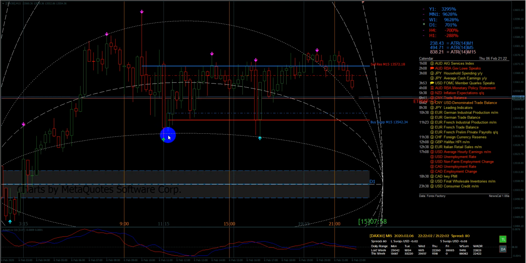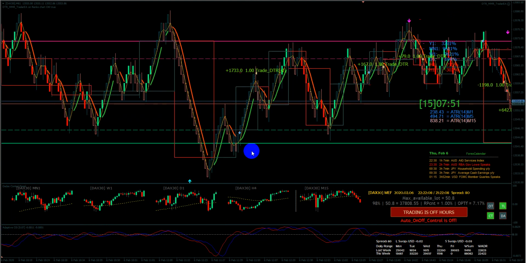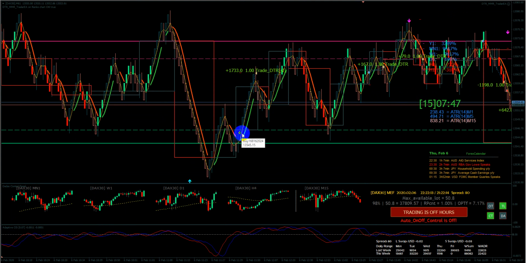So I took this measurement, took this candle, and I made a trade. The trade was this right here. You see the trade. The trade was very successful, and happened very quickly.